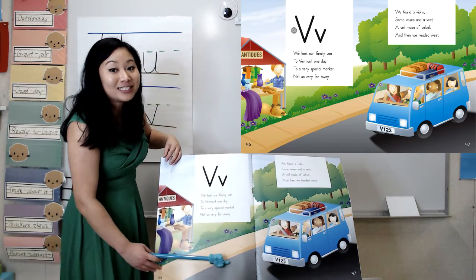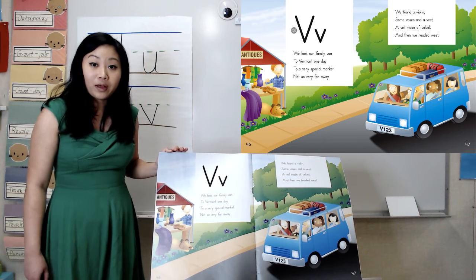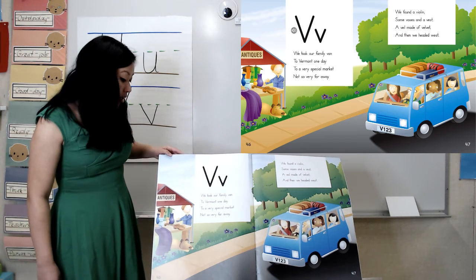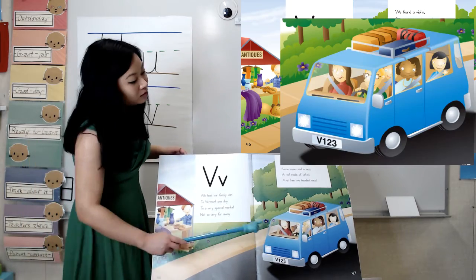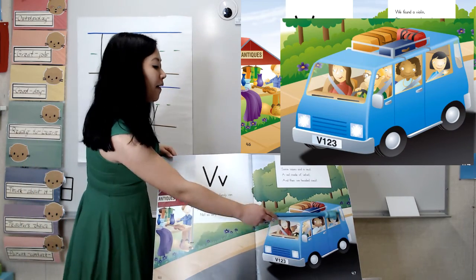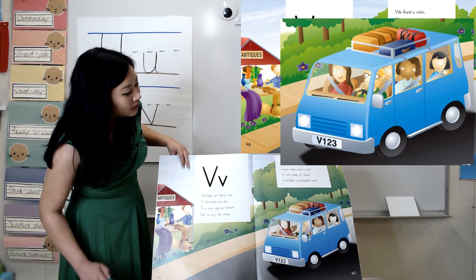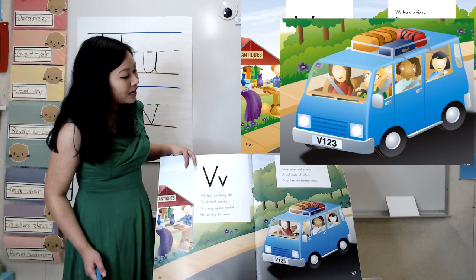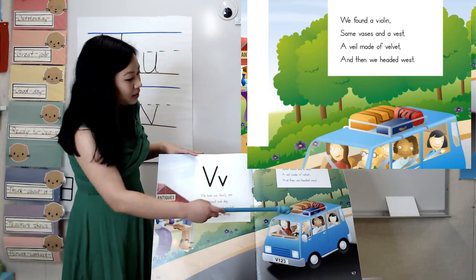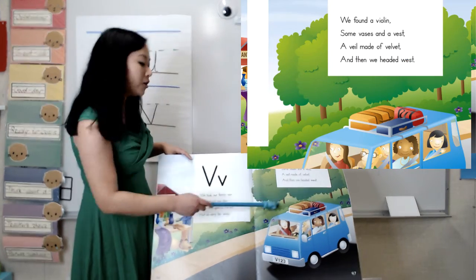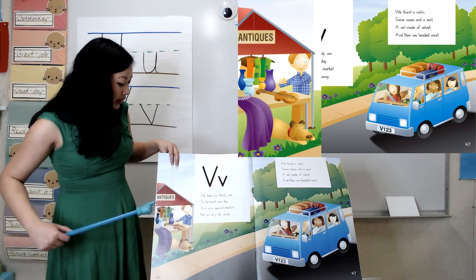And just like always, what do you notice about this poem? You might say, I see some people in a big blue van. And it looks like they have some luggage up there. And they're driving on a road near some trees and some bushes and flowers. And it looks like there's a little market that's outside.